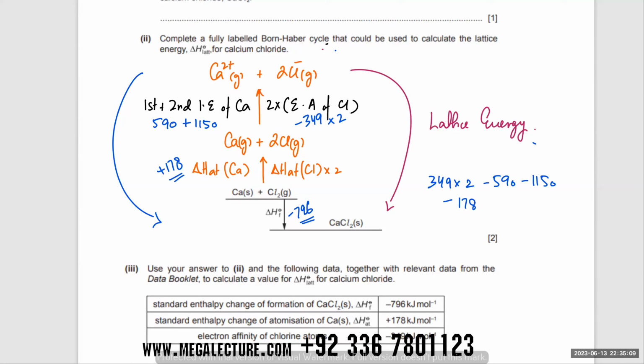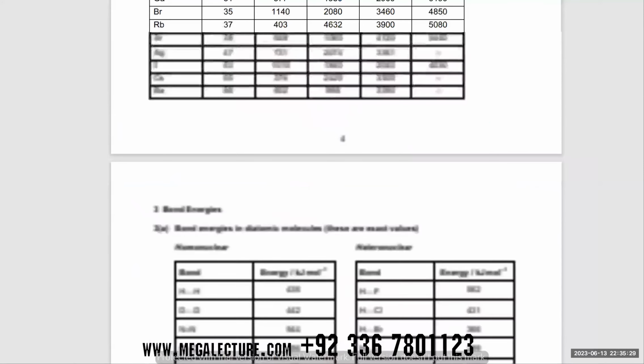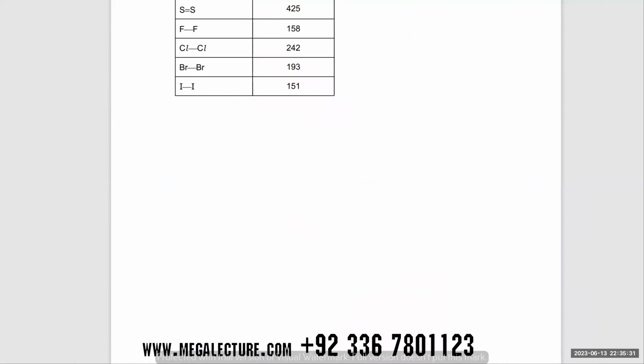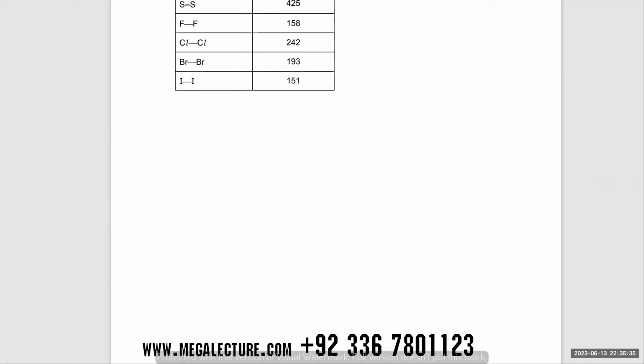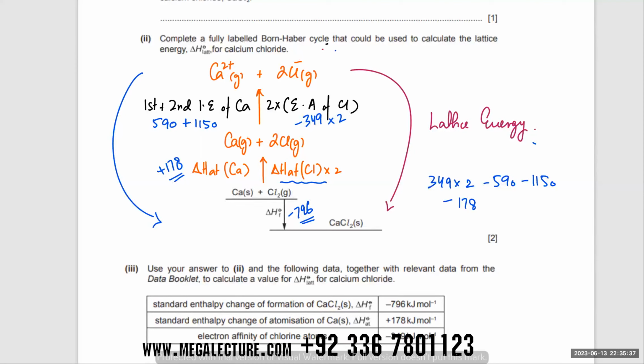This is not given. What you're doing is breaking a Cl-Cl bond when you're atomizing it. If you've got chlorine gas and it turns into two Cl gaseous atoms, you've basically just broken one Cl-Cl bond, which is also given somewhere in the data booklet, as 242.